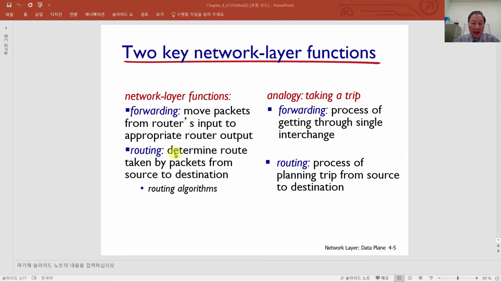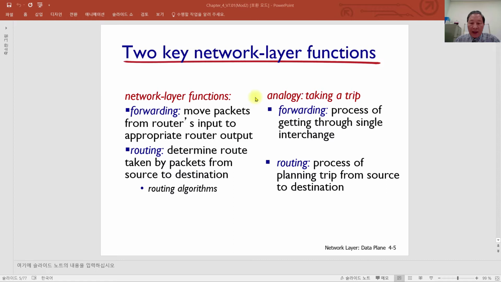The routing functionality is more complicated than simple forwarding. This one is determining the route taken by packets from source to destination. Here routing algorithms are being used for the appropriate routing.